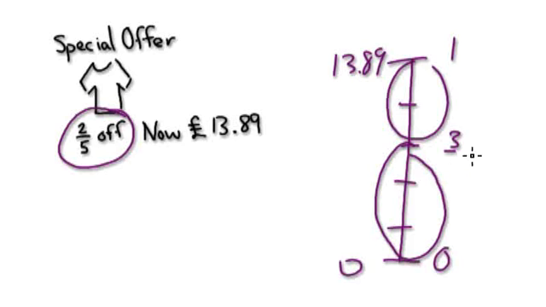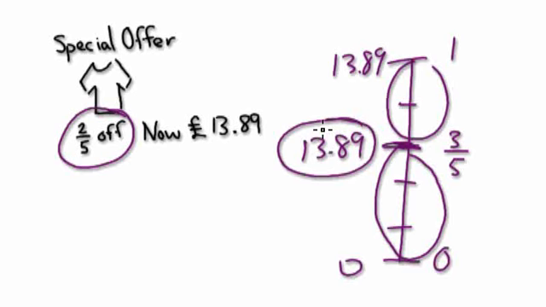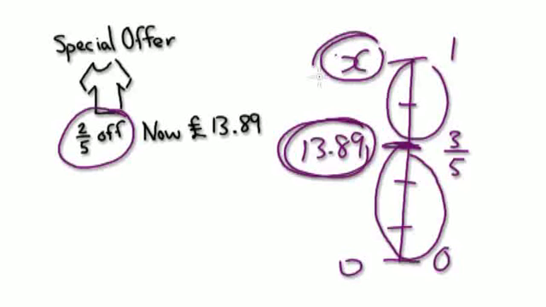But given the 3/5 here is at this level here, which is 13.89 here. So you've got this amount to work with. Sorry, this is not original. Sorry. So you want to find out x here.